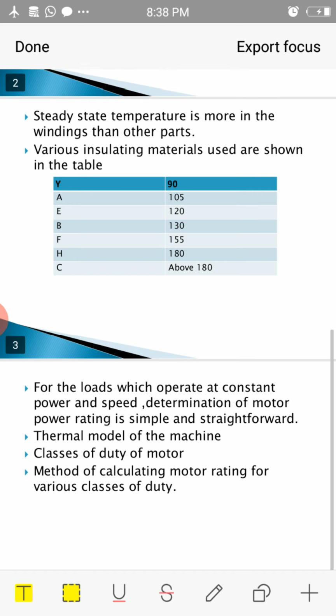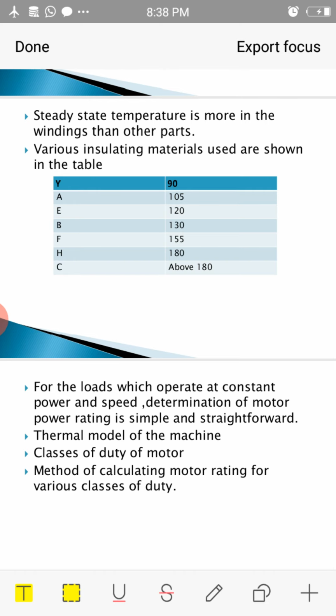So when the temperature increases, what happens? The main problem is with the insulating materials. When the temperature rises, the dielectric strength of insulation is going to degrade, and that is going to cause a short circuit. The various insulating materials used in machines are listed here.